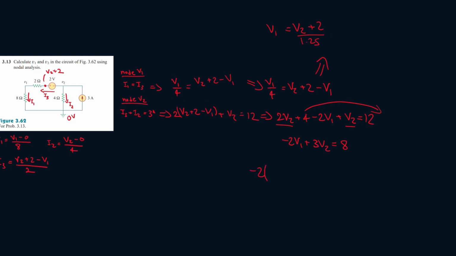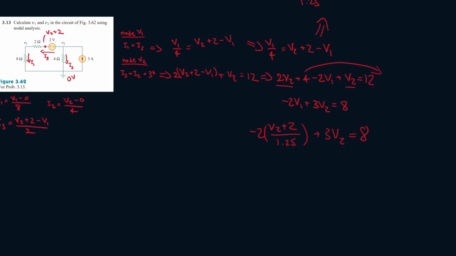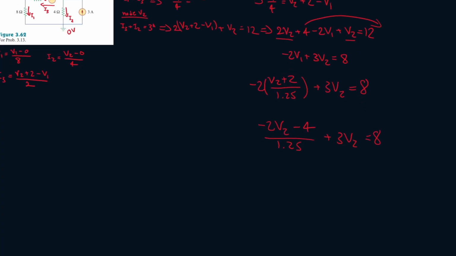So minus 2 times V2 plus 2, all over 1.25, plus 3V2 equals 8. Alright, so let's FOIL the minus 2 in. Minus 2V2 minus 4, all over 1.25, plus 3V2 equals 8. Let's break this up.